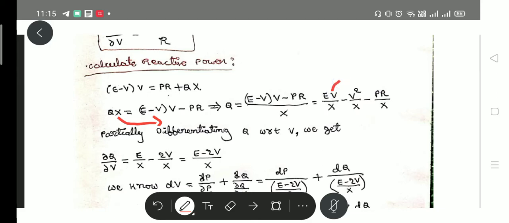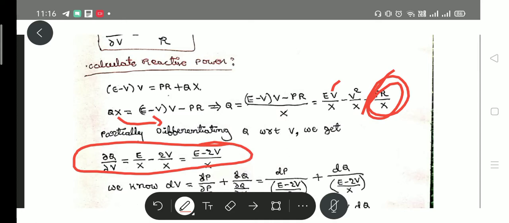Differentiation of V is 1, so we get E/X. Differentiation of V² is 2V/X. The PR/X term has no V, so it is a constant, and the differentiation of a constant is 0, so we drop it. So ∂Q/∂V = (E − 2V)/X.